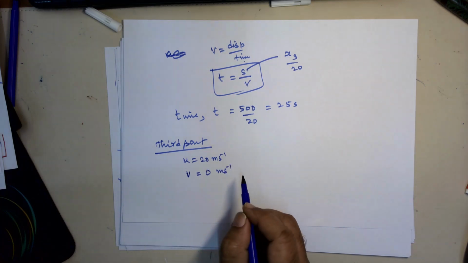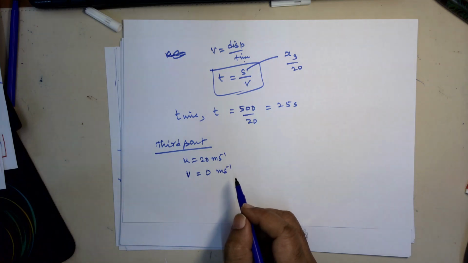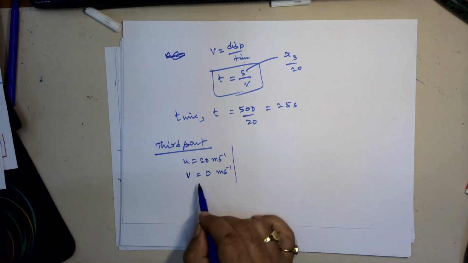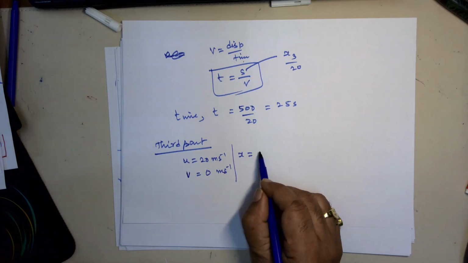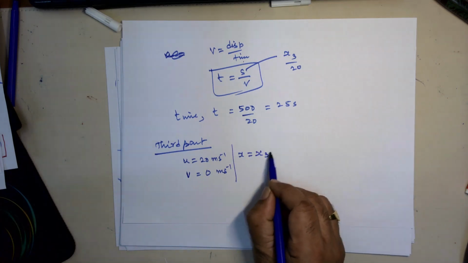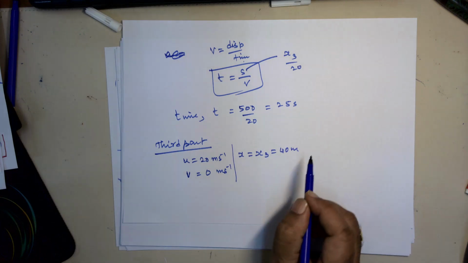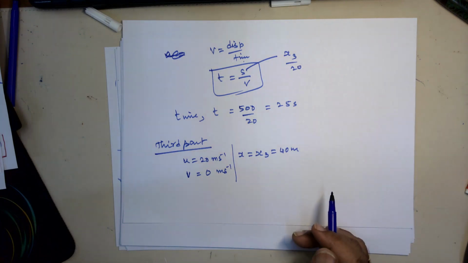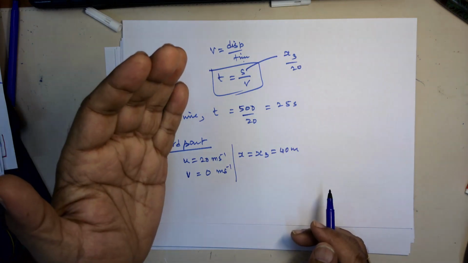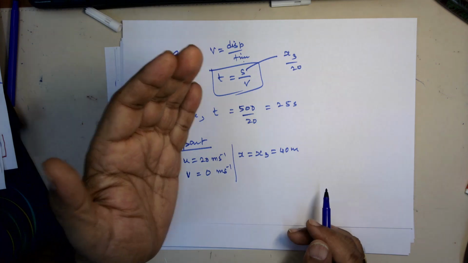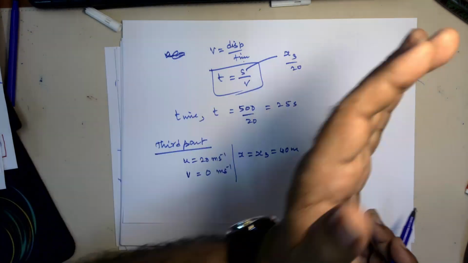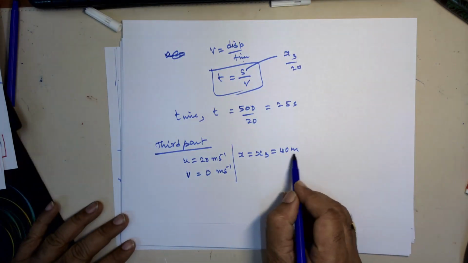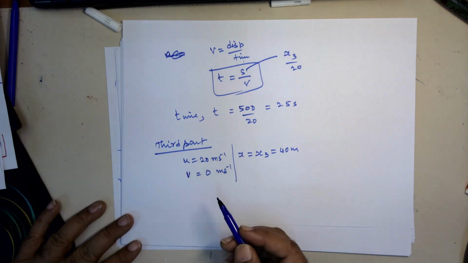Got it? Now, what is x here? x is nothing but x3, which is 40 meter, right? Because when the brake is applied, it moves 40 meter and is brought to rest. So that displacement is 40 meter.